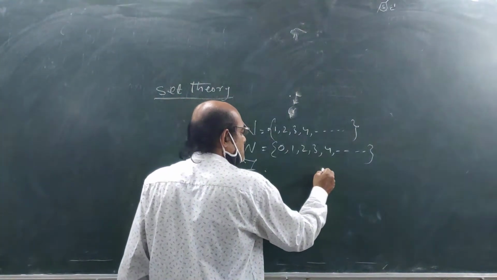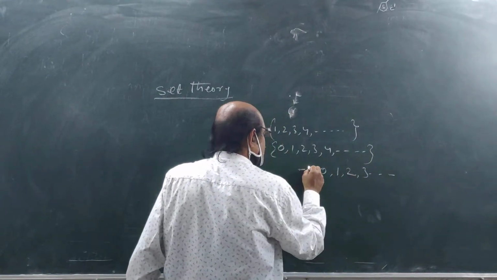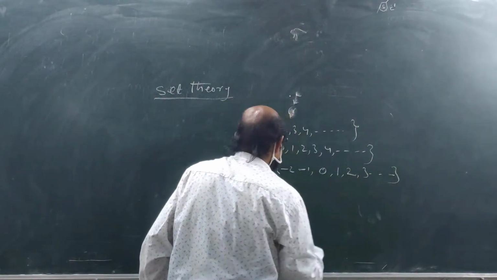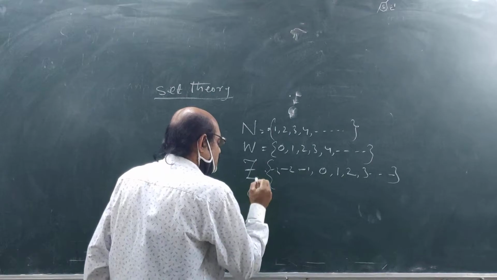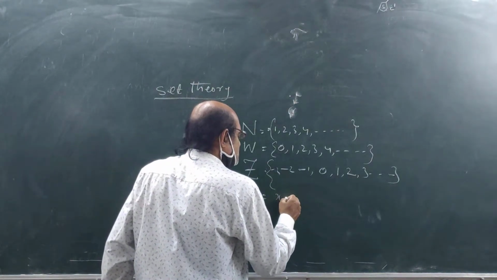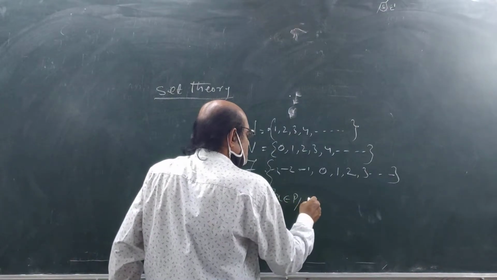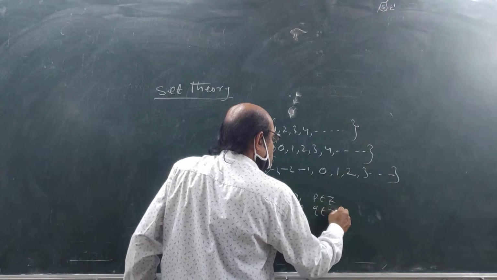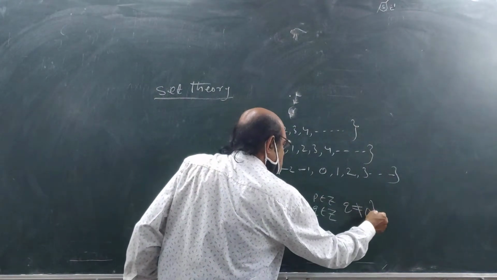Integers are 0, 1, 2, 3, and also -1, -2, -3. This is the set of integers. Similarly, the set of rational numbers Q is equal to x such that x = p/q, where p is an element of Z, q is an element of Z, and q is not equal to 0.